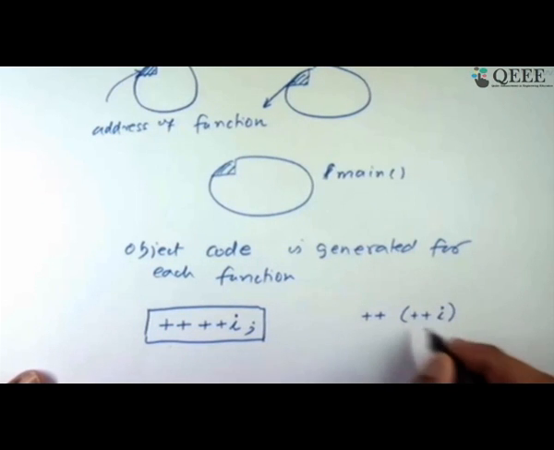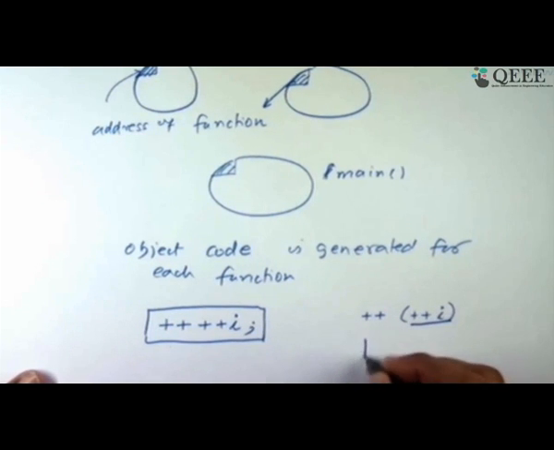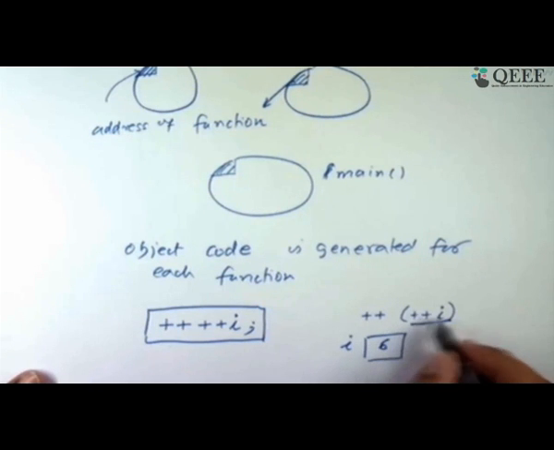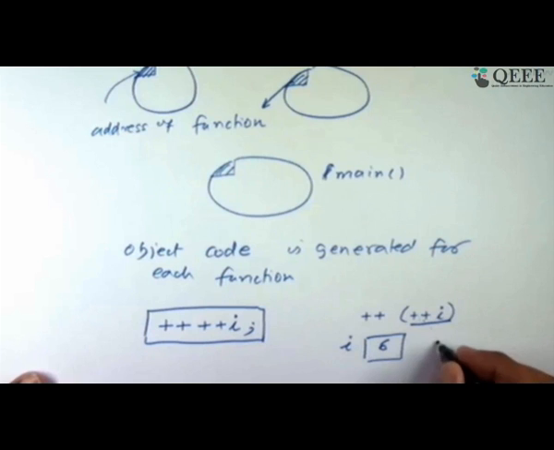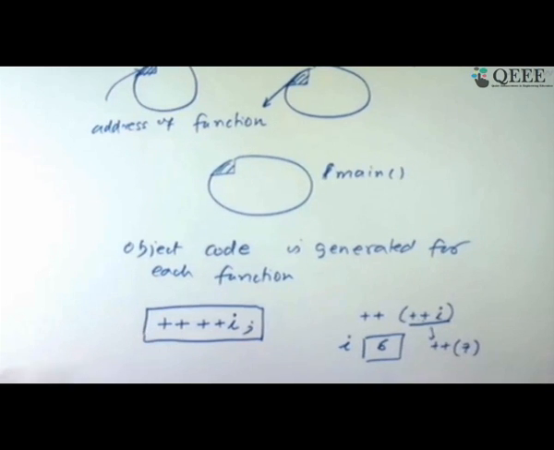Now ++I, as you know, if you have some value of I, whatever that be, say the value is 6, ++I adds 1 to it and therefore returns the value 7. Okay. So this will lead to applying ++ to 7. Now ++ is an operator which is only allowed over entities which have memory.